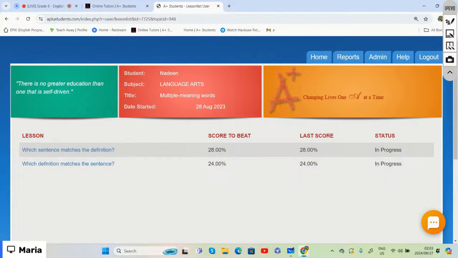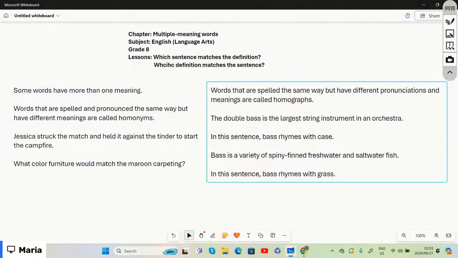All right. So our chapter is multiple meaning words. Our subject is English Language Arts, Grade 8.